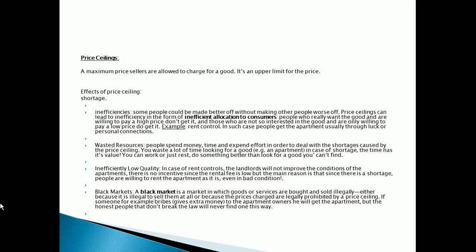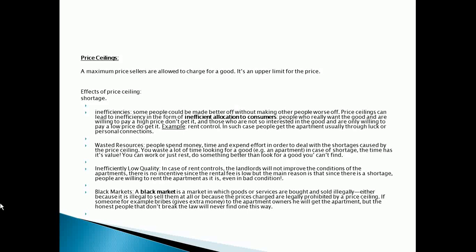Now I'm going to show you the effect of price ceiling using a graph on the next slide. We can see from the graph that price ceiling has led to shortage when it comes to renting apartments. The equilibrium price is different from the price that the government has enforced. So equilibrium price is at PE here, and the price the government has enforced is below equilibrium price, which is PC.